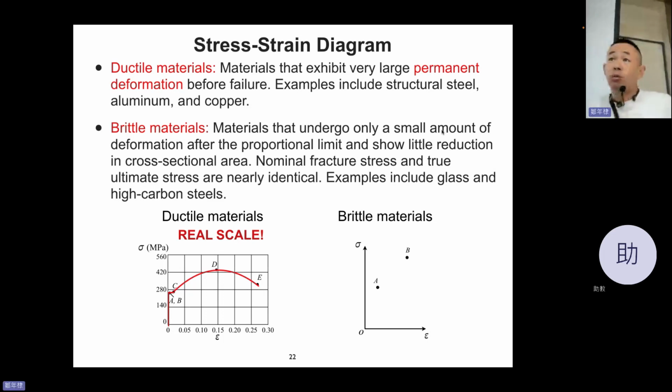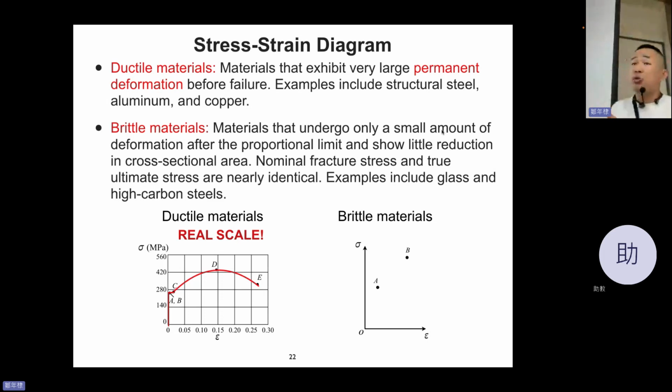Ductile materials, typically metals, are ductile, and before failure they will typically have large permanent deformation. As I mentioned before, when you exceed the yield stress point, it enters the plasticity region.